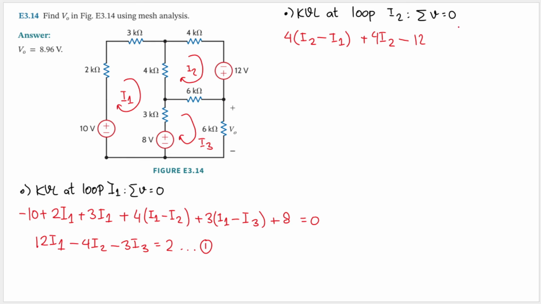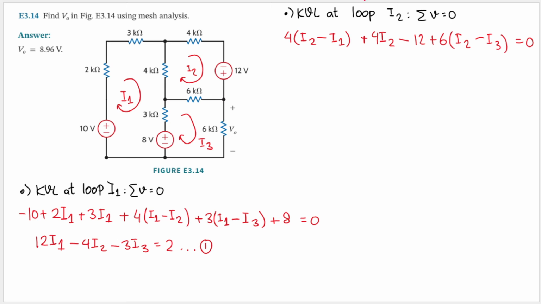And then the last component will be that 6 kilo ohm resistor. Again, we are working on I2, so I2 came first. But here, I3 is flowing to the opposite direction. I2 goes to the left, I3 goes to the right, right? So we will have I2 minus I3. Good. And then all of that will equal to 0.